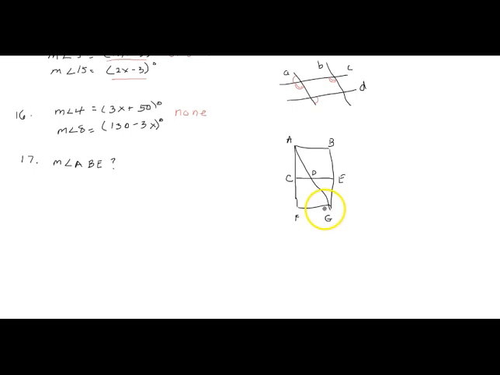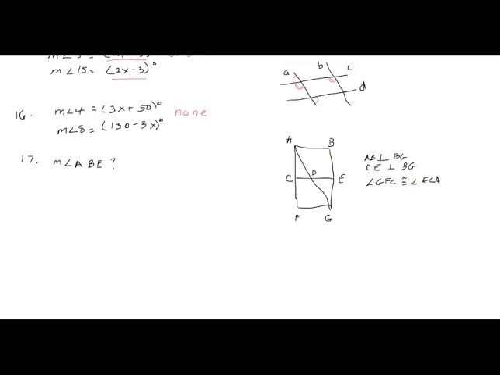And it says, this fence is designed so that AB is perpendicular to BG, CE is perpendicular to BG, and angle GFC is congruent to angle ECA.